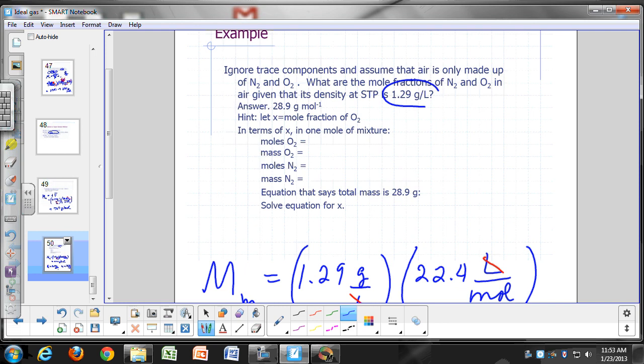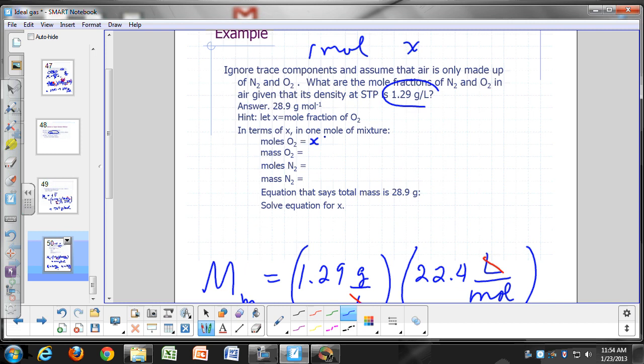Okay? So if we let X be the mole fraction of O2, then if you have 1 mole of mixture, how many moles of O2 do you have? X, right? 1 mole of mixture, you're going to have X moles of O2.